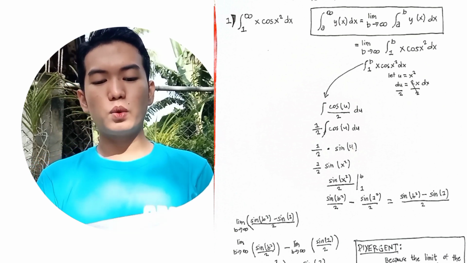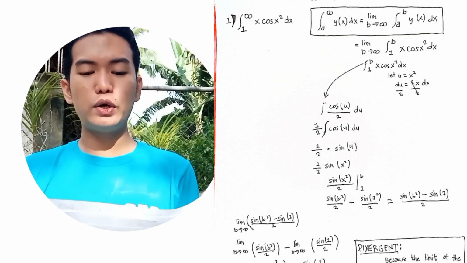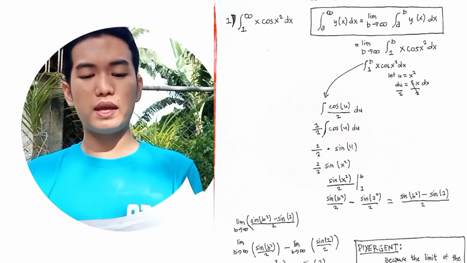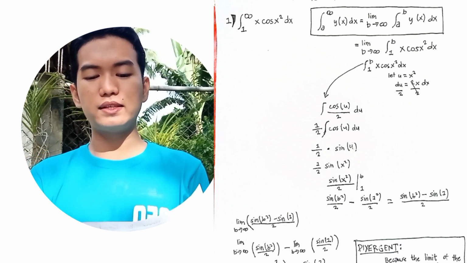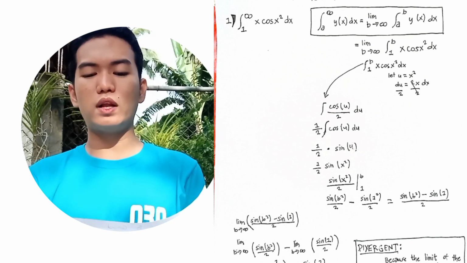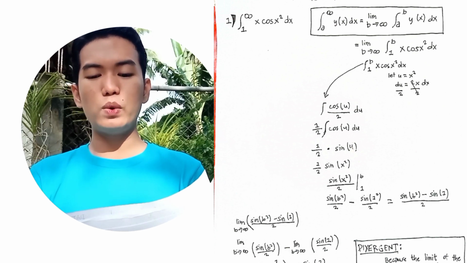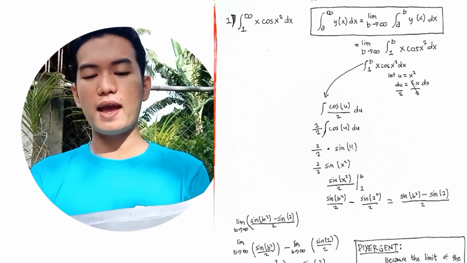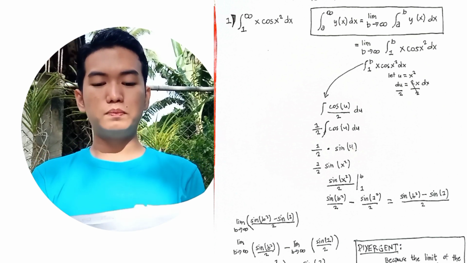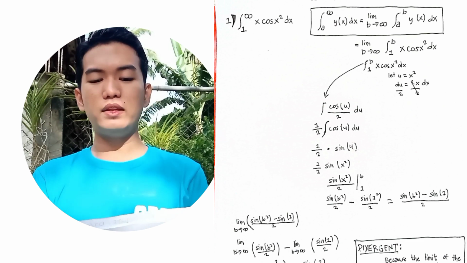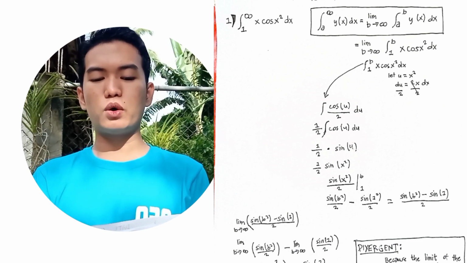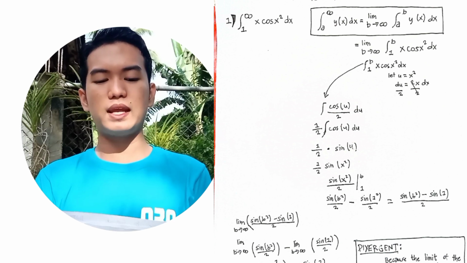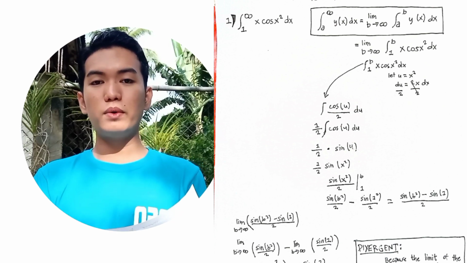To evaluate the integral from 1 to b of x cosine x squared dx, let u equal x squared, so du equals 2x dx. To keep the x dx, we divide both sides by 2, so we have du over 2 equals x dx.